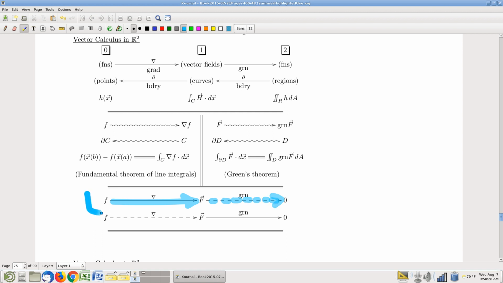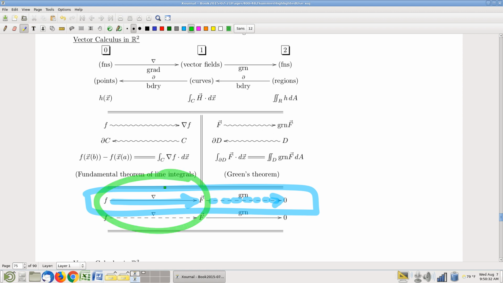So this statement right here says, if you have a vector field that is a gradient of some function, then if you apply Green's operator to that vector field, you will get 0. So this is the if and this is the then, if you will.